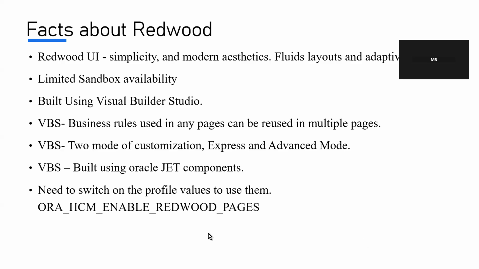But yes, these are the profile values. As of now, we turn them on, and not just this, there are multiple other profile values. They come as a layout, like groups of pages. So if we have to have the Redwood, we are turning on multiple profile values. So there are different profile values for absence management. In absence management itself, we have multiple profile values, one for an absence case, one for an absence plan balance, and for performance management as well.